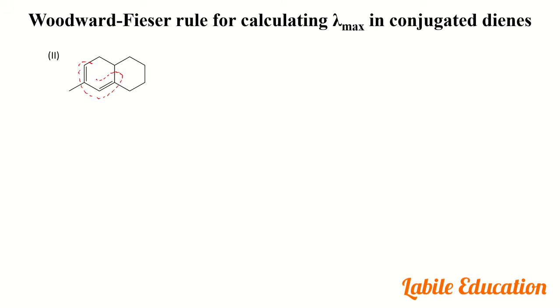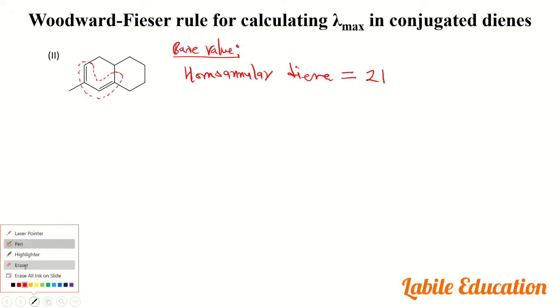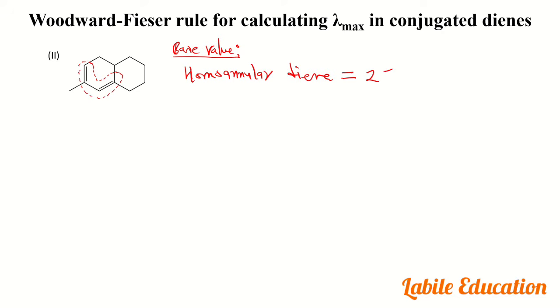You can see this marking, and here the base value for the homoannular diene will be 253 nanometer.